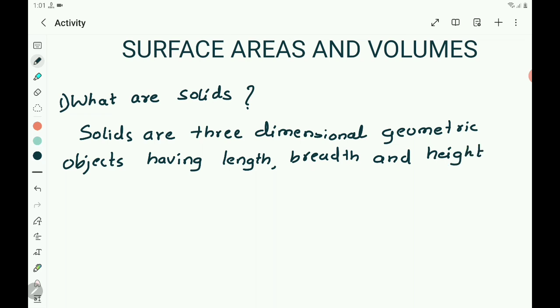Length, breadth and height are the three dimensions of the solids.